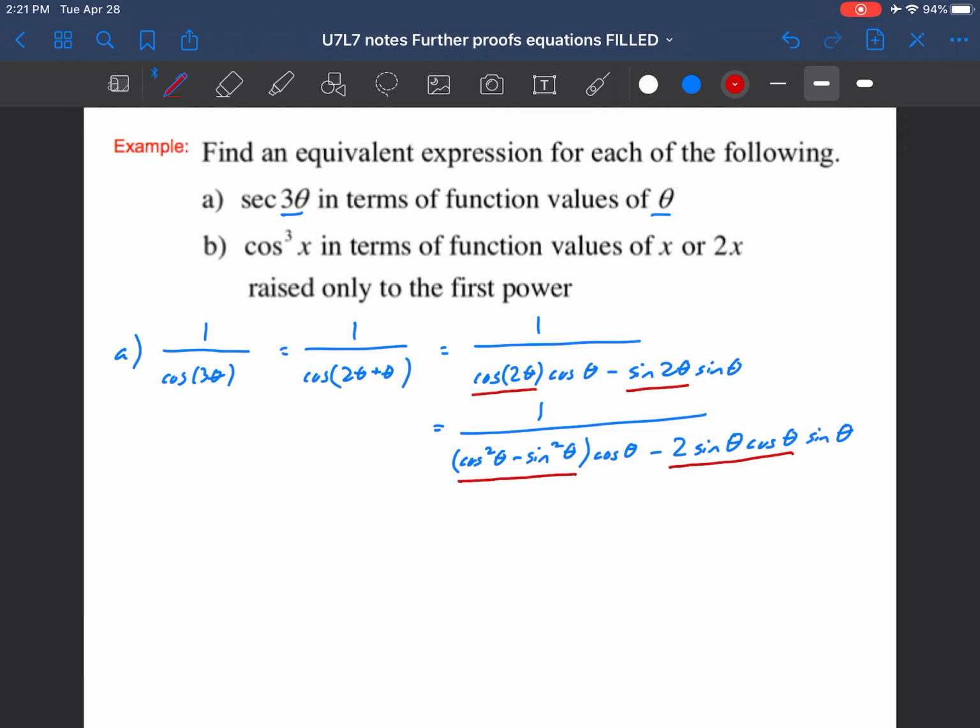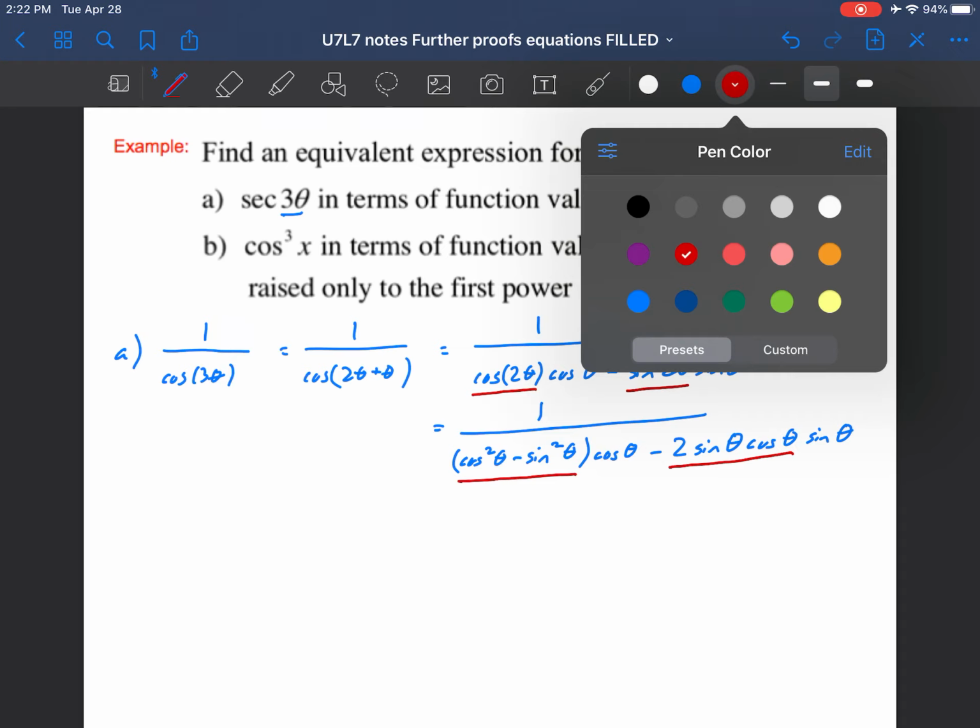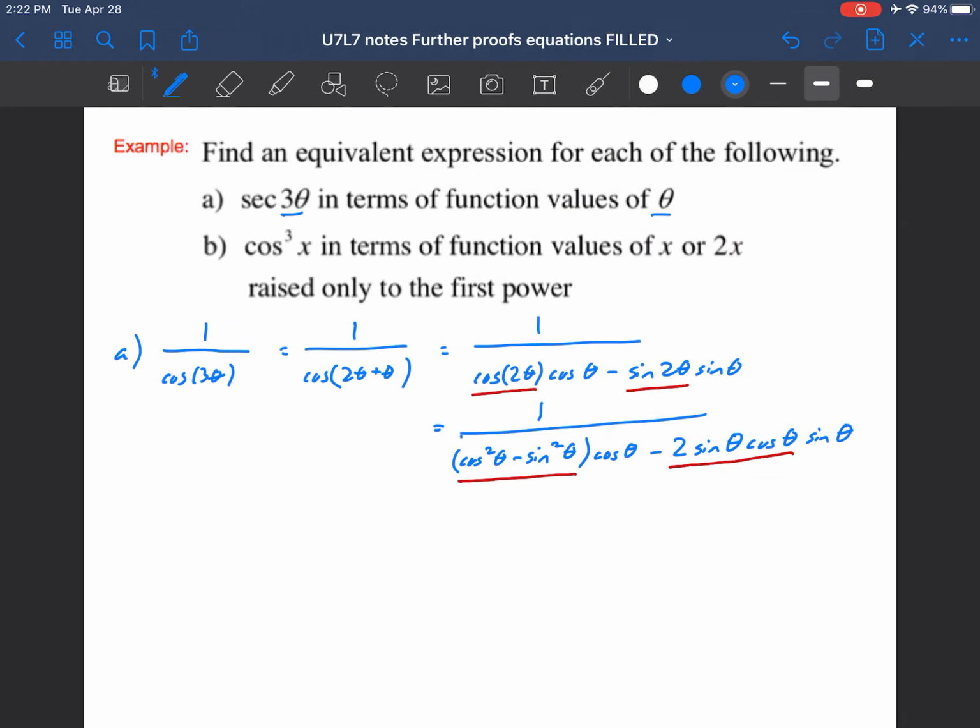If we wanted to, we could combine the sines and write this whole thing as 2 sine squared cosine squared. But the problem doesn't really say to do that, so I'm going to leave it like that. The only thing that's bothering me a little bit is I don't like that this thing isn't extended over the whole denominator.